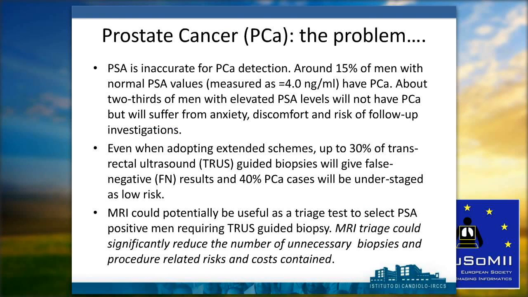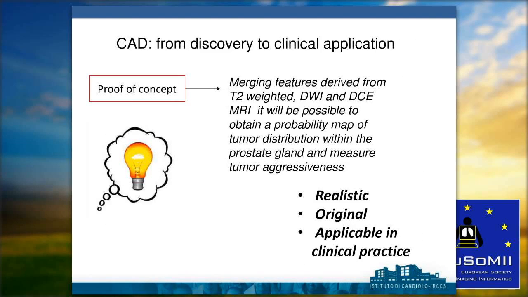When we have high PSA levels, we have to perform biopsy. Normally, this is performed randomly, and we have a risk of missing up to 30% of cancers. And we know now, since a few years, that MRI could be a good exam to select patients that would require further imaging rather than not requiring any imaging at all.